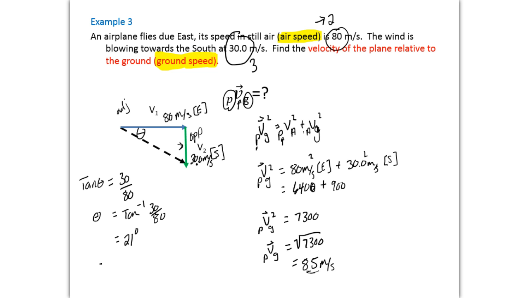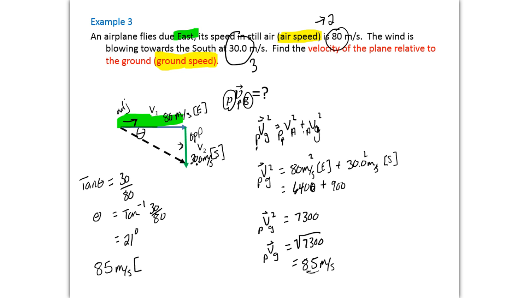So your answer is 85 meters per second. And you are heading, okay, your primary direction is here. So if I just highlight that for you. So this is your main direction right here, going that way. And that direction is east.